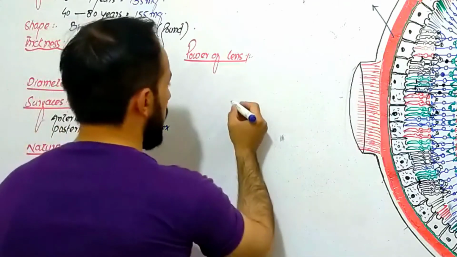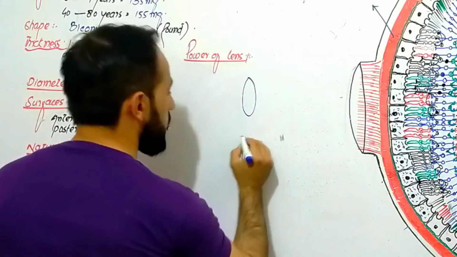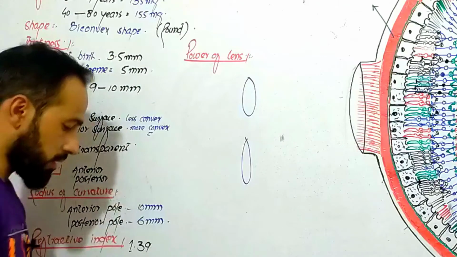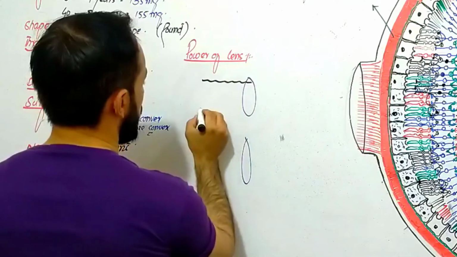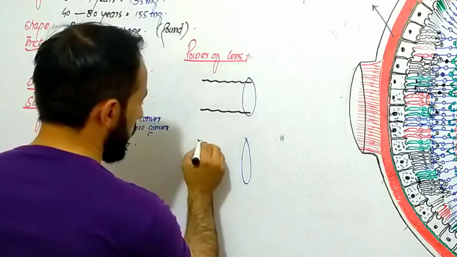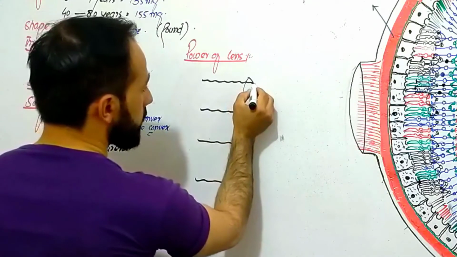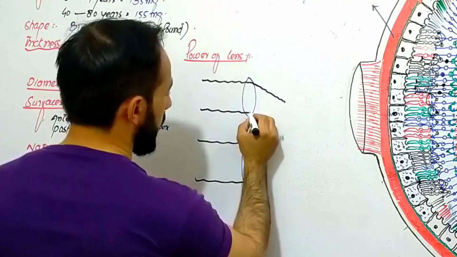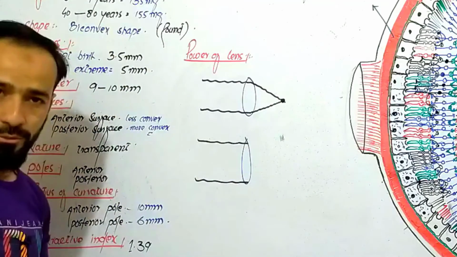Look carefully. If we have two lenses here, this is lens number 1, this is lens number 2, right? We put light rays on both of these lenses. This lens will converge the light rays at this point. This is the converging point.